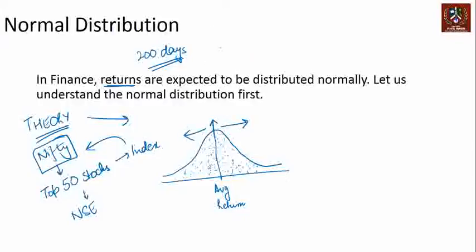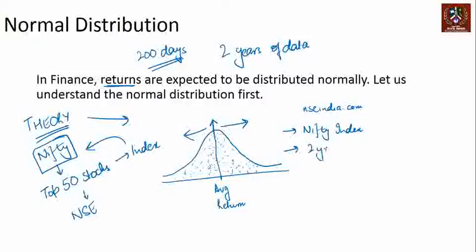For this, we're going to use 2 years of data, right? We are looking at Nifty index values. Where do you find it? You can find it on the website of nseindia.com. You're looking at 2 years of data.